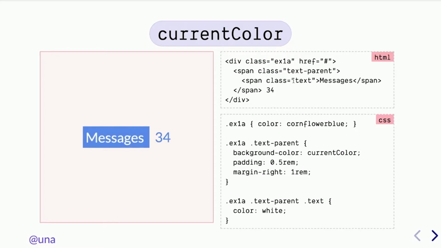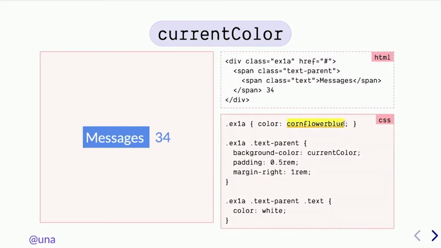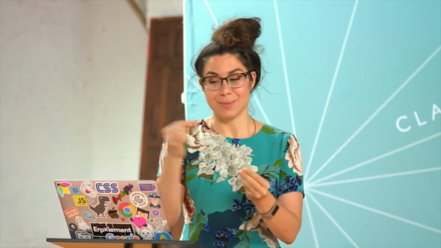Here I have just a little message counter, and I'm using a number here, and I'm again using currentColor to create this effect here. I can change the color of this to red, and now both the text and the background of messages is red, and this is because I'm using a mix of currentColor and overriding that for the color of this text on messages to be that currentColor while the actual text of it is white.